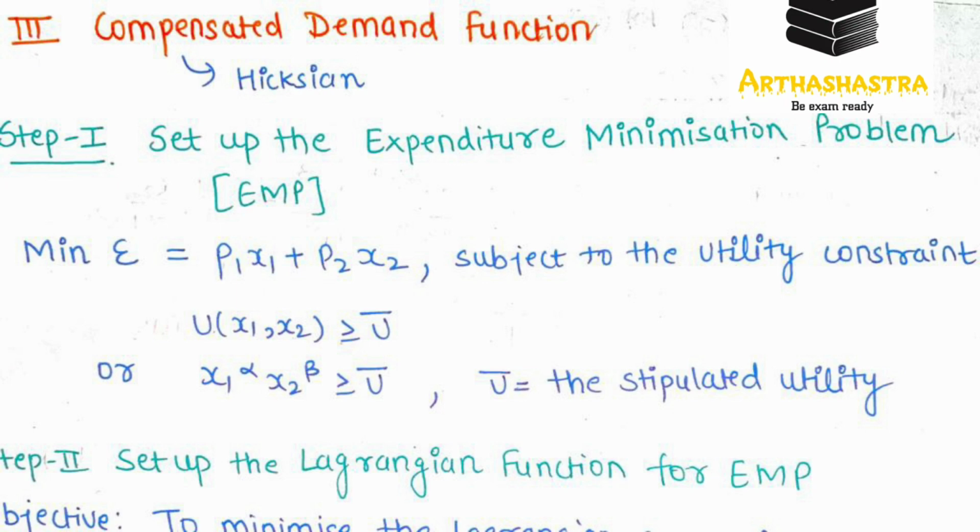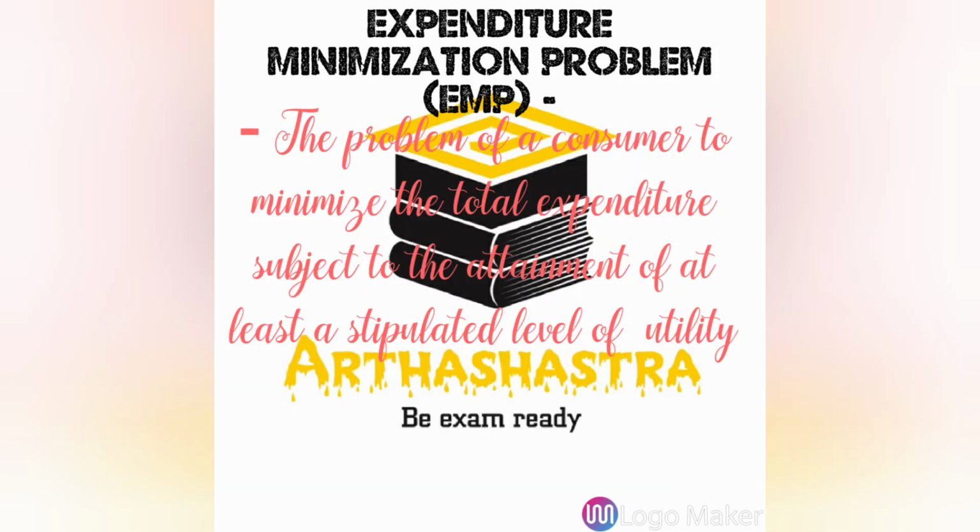In the expenditure minimization problem, we are concerned with the problem of a consumer who aims to attain a constant level of utility and his objective is to minimize his expenditure. That is, there is a constant level of utility which he aims to achieve, and in what minimum expenditure he can attain that utility, we discuss this problem in the expenditure minimization problem.